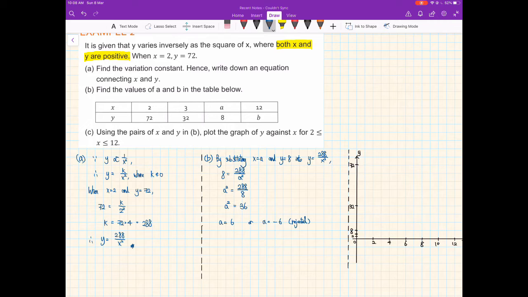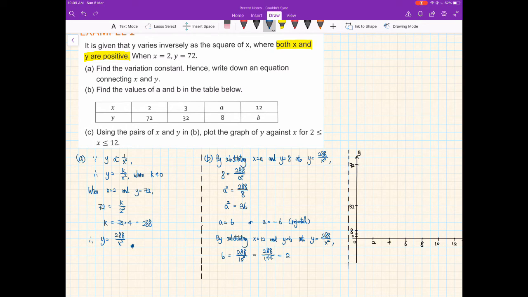Now we can substitute x equals 12 and y equals b into this equation. b is equal to 288 over 12 squared, and that is 2.